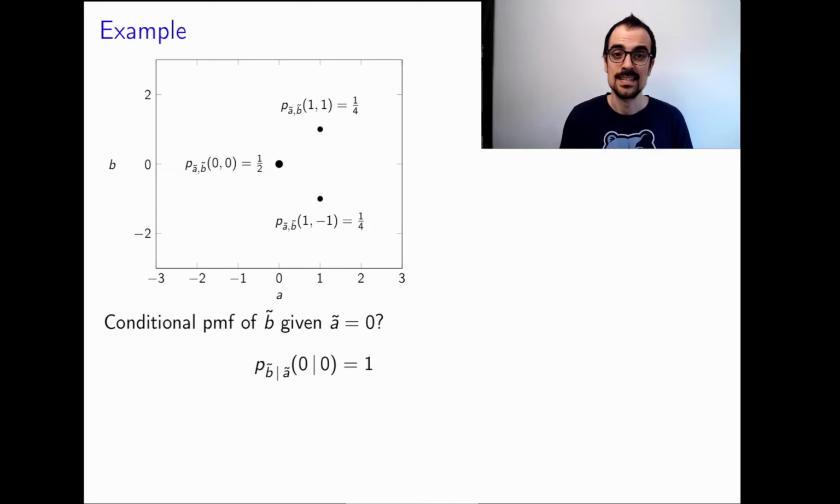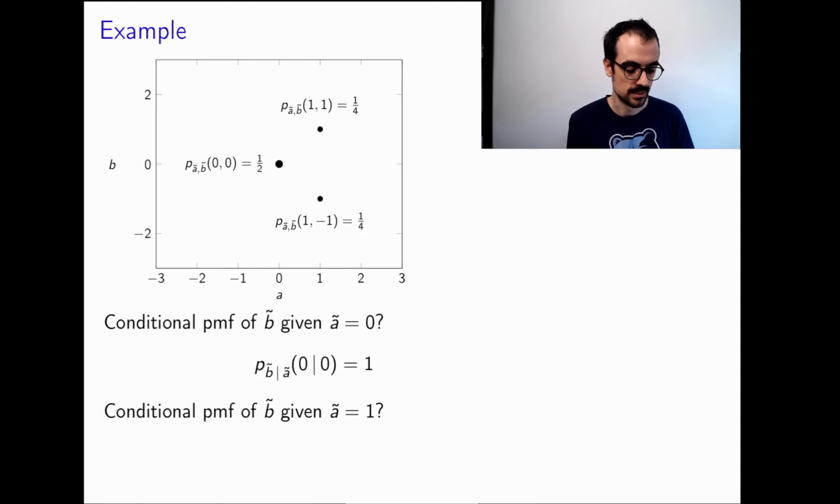The thing is that the distribution of B given A equals 0 is just very simple. It's a PMF which is equal to 1 at 0 and 0 everywhere else. Is this the same PMF when we condition on A equals 1? Not at all, right? If A is equal to 1, then B is equal to either 1 or -1 with probability 1/2.